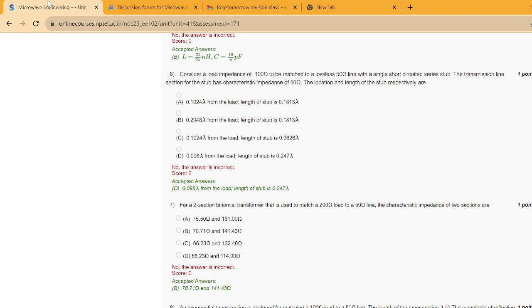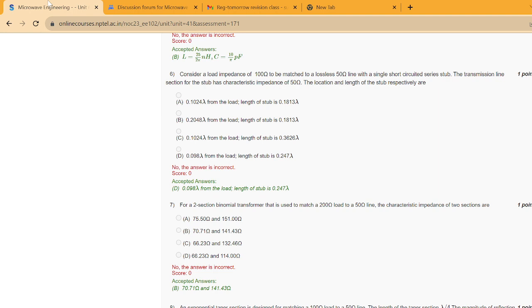Capital N is the total number of sections in the binomial transformer and small n is the section number, whether it is the first section or second section.